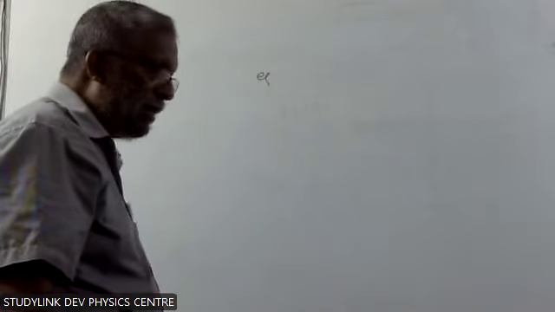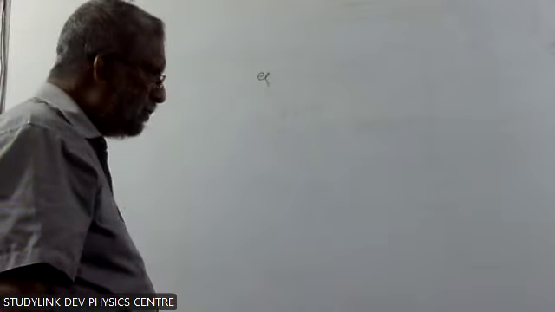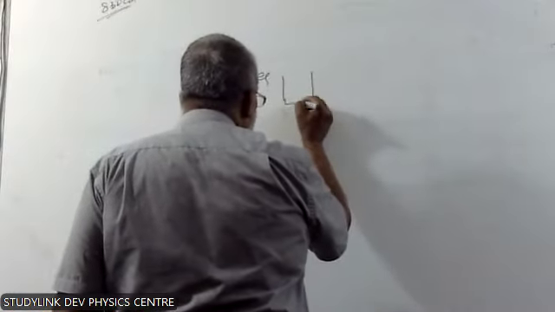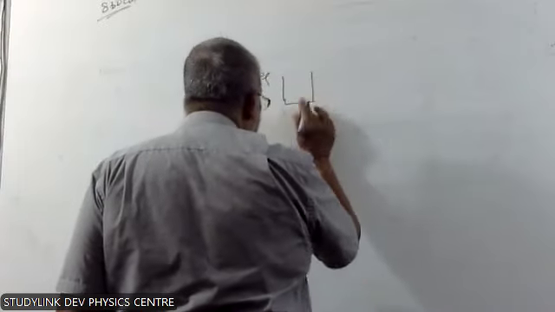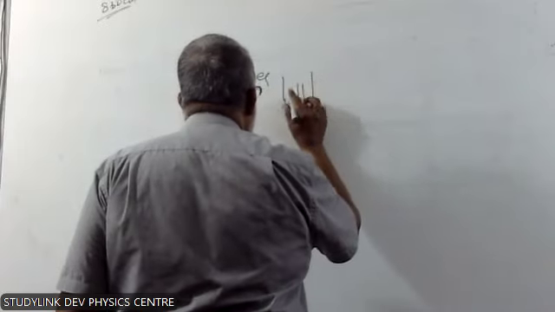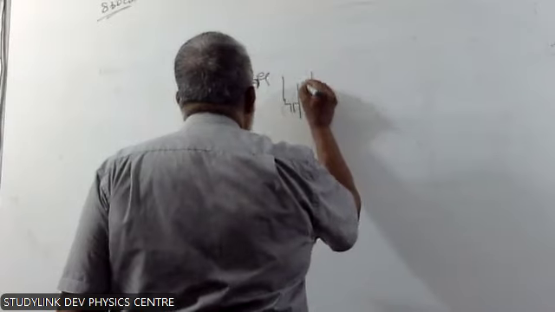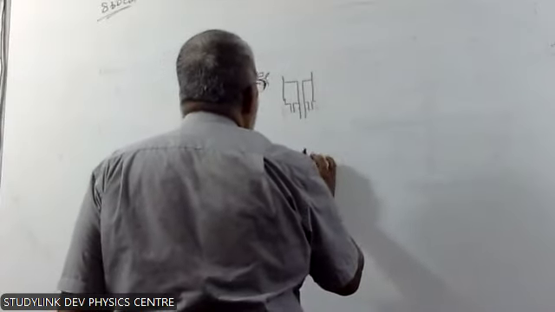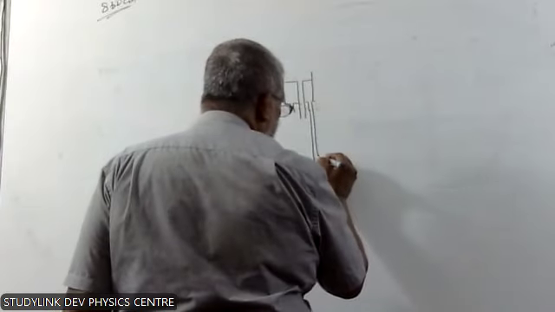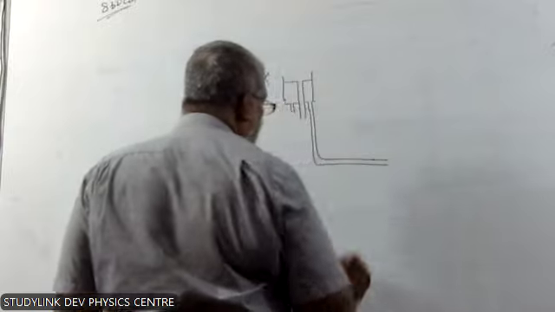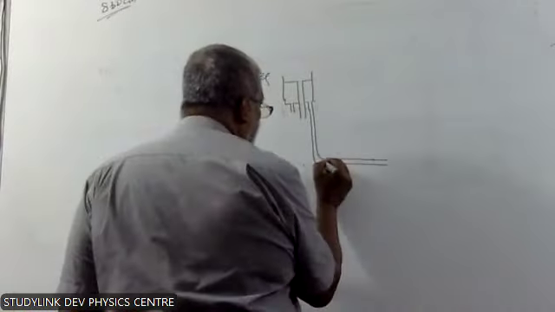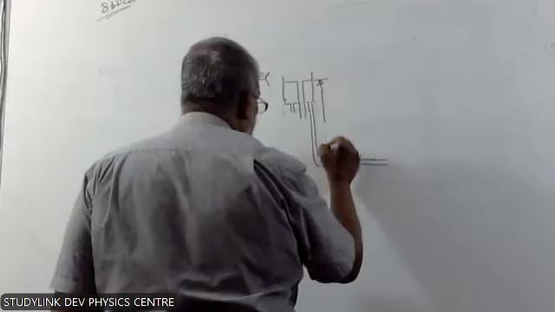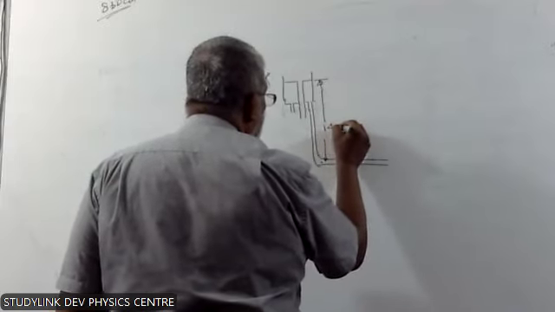In a Poiseuille experiment, that means the one I drew early, the height between the water level in the constant pressure head and the horizontal tube is 14 centimeters.